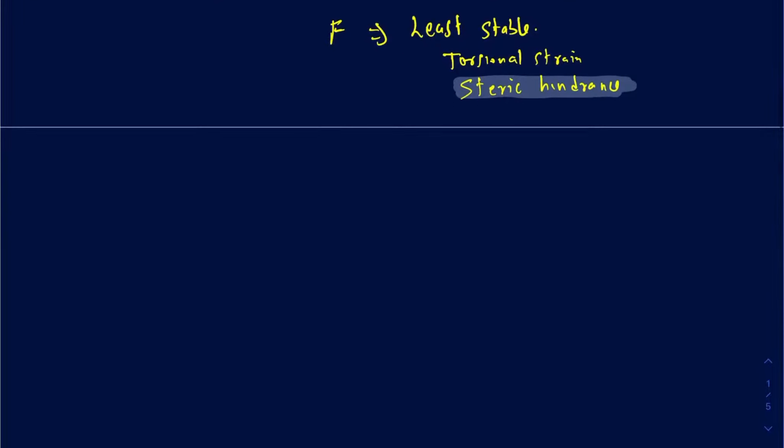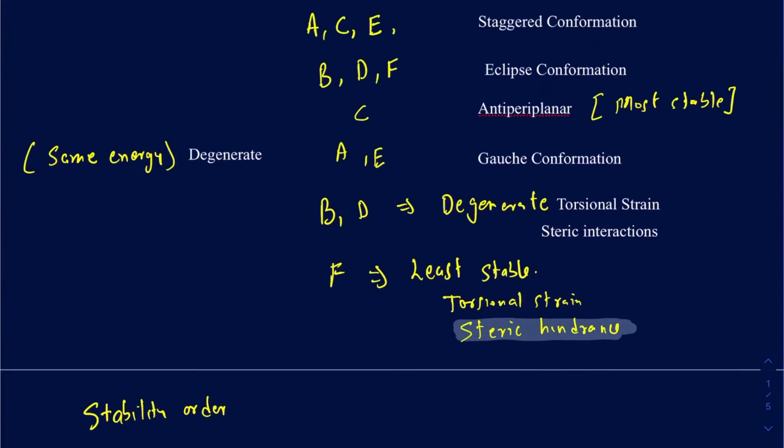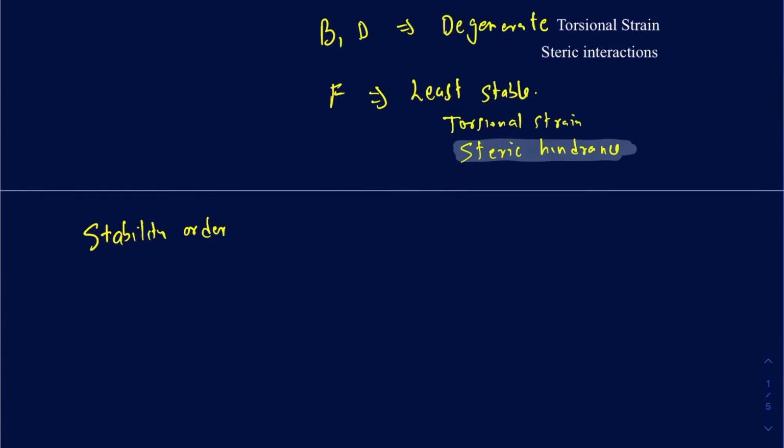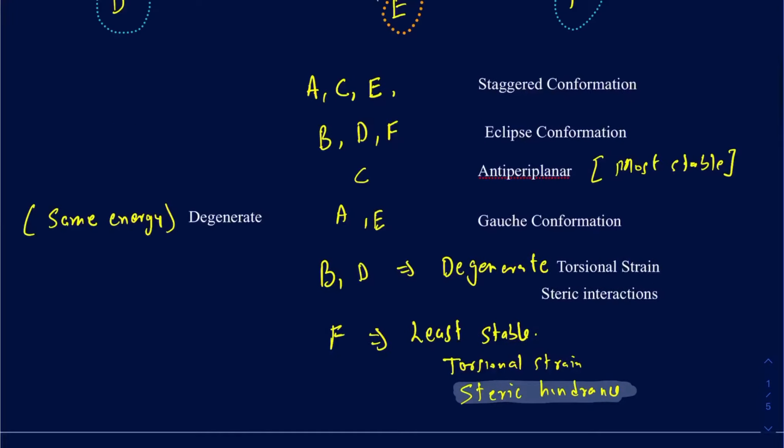So when I'm writing out the stability order, I know so far what we have said: C, being the antiperiplanar, is going to be the most stable. So C is going to be the most stable. And then after that, our A and E rather, they are the Gauche conformations.